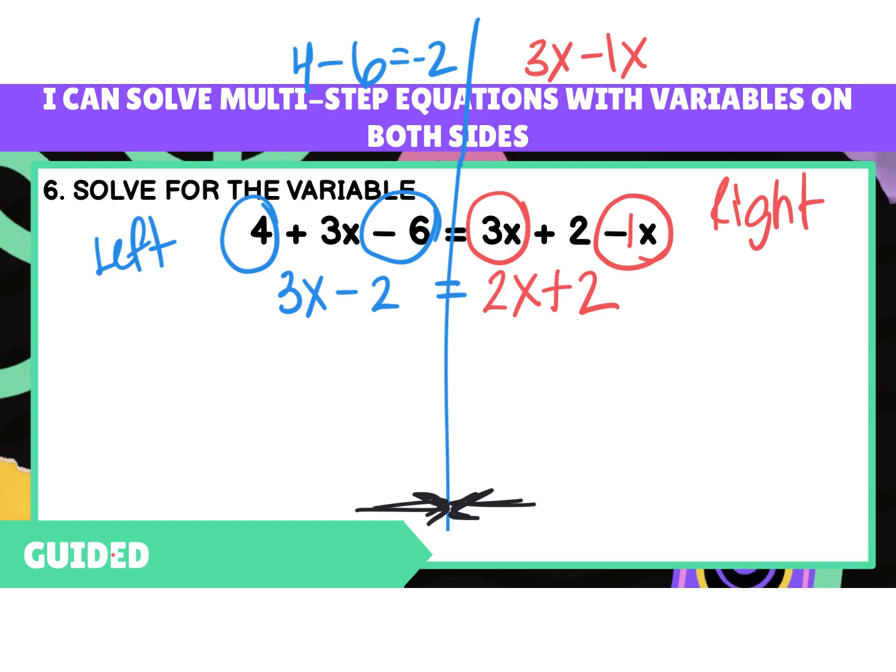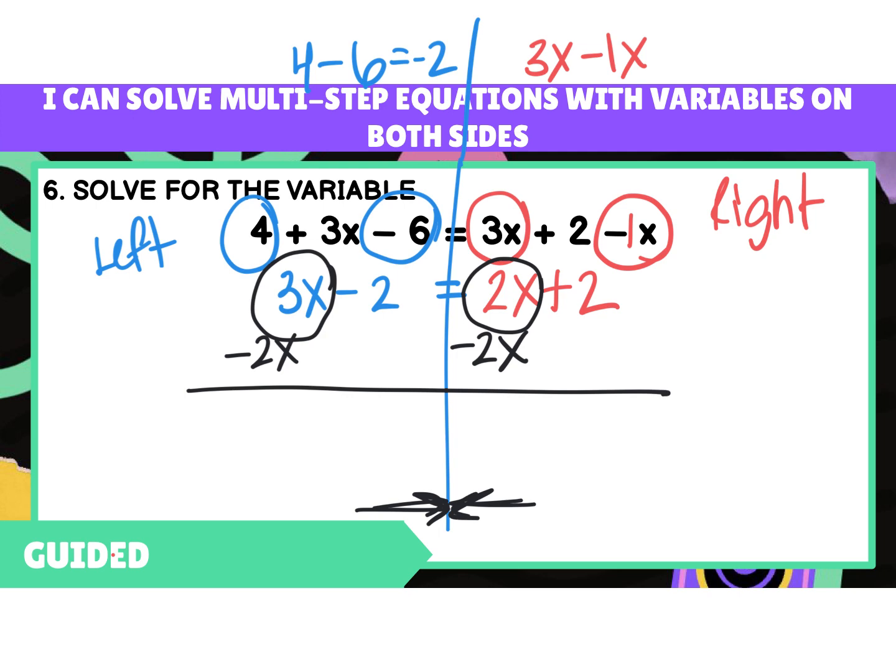So now I'm going to circle my x's, 3x and 2x. 2x is smaller. I want to move the 2x this way. In order to get it past my line, I need to do the opposite. So minus 2x and minus 2x. We're left with 1x minus 2 equals, these cancel, that's why we do it.